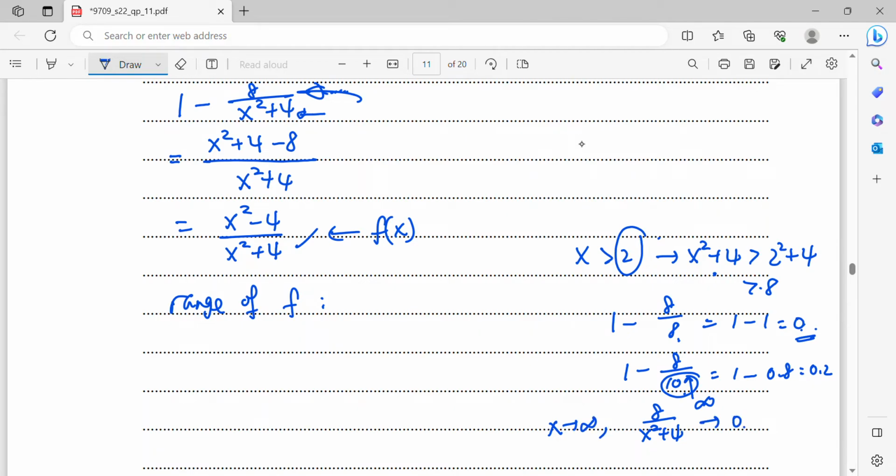Then 1 minus 8 over x squared plus 4 becomes 1 minus 0. Therefore, it tends to 1. That's why I get two extreme values, 1 and 0. Because of this reason, our range of f is between 0 and 1. So that's the explanation to get the range of f.